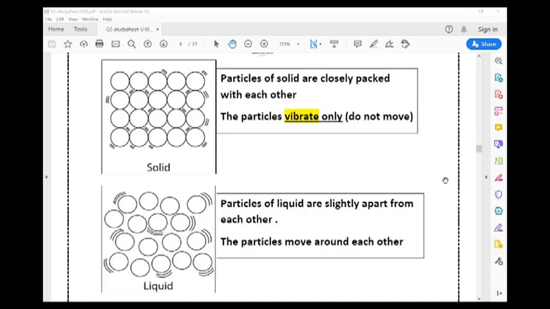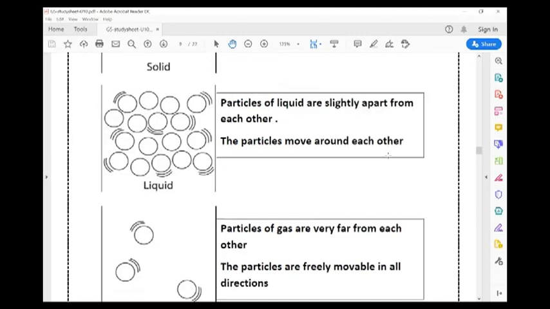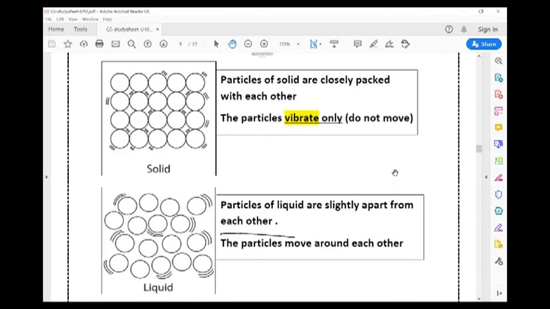Now we have a comparison between the arrangement of solid particles, liquid particles, and gaseous particles. Particles of solid are closely packed with each other.